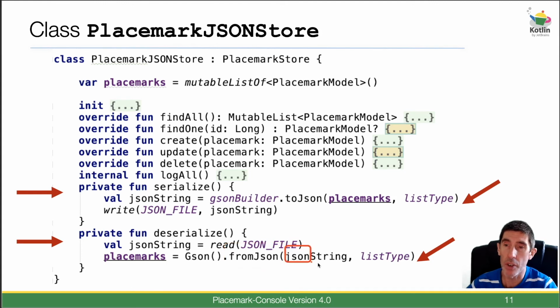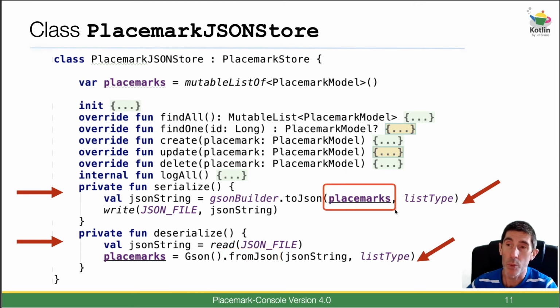That's going to convert this basic string, and there we have our same list type telling Google's JSON how it's supposed to convert that string back into a whole list, or in our case a mutable list of PlaceMark objects. So it's a fairly powerful library, and we essentially just have to work with two different functions, toJson and fromJson.